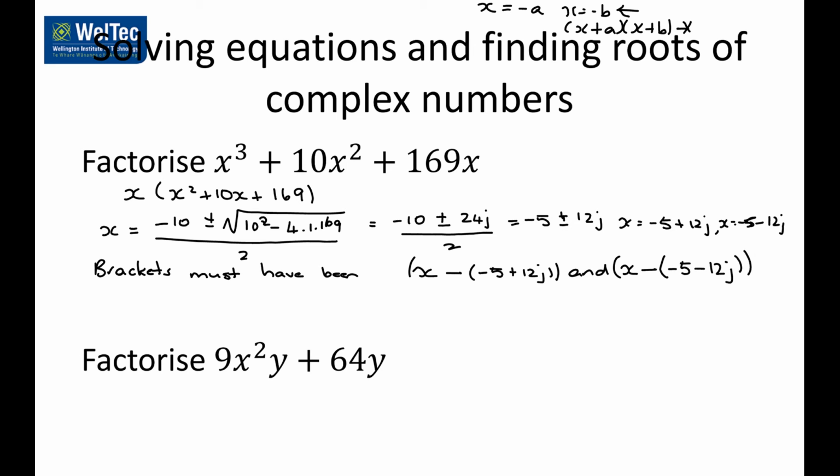So the polynomial must have been x times, I'm just going to put a square bracket in there because we've got a lot of brackets, x minus negative 5 plus 12j times x minus negative 5 minus 12j. And you could tidy that up a little bit if you wanted to, but it's fine like it is.